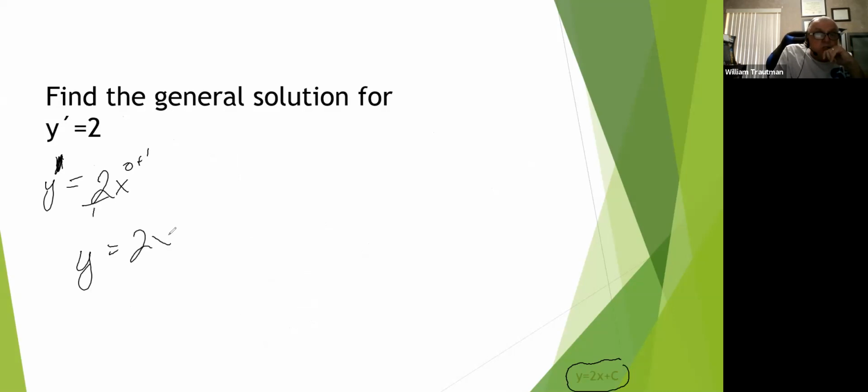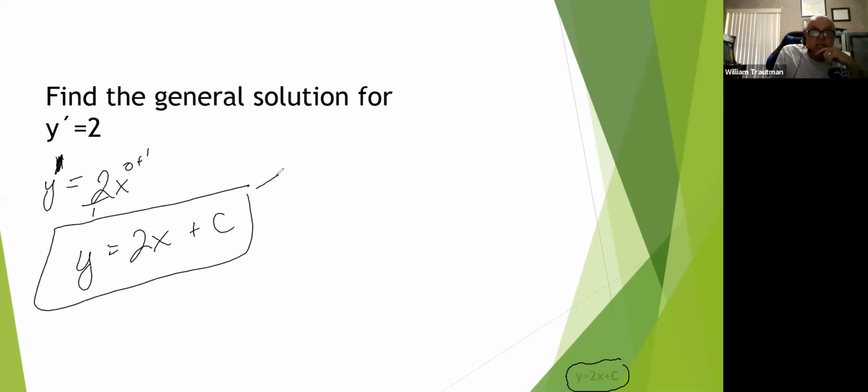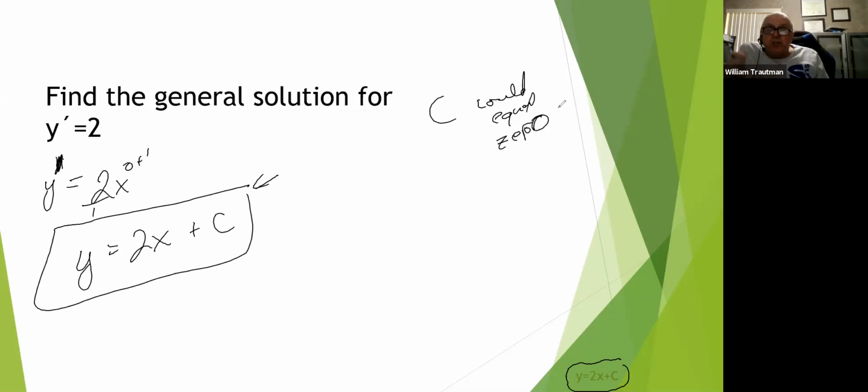We ended up with 2x. However, we have to put a plus c here. In the answer, we have to put this plus constant in there. By the way, c could equal 0, or it could equal any other constant I want, 5, 9, -8, or 0. But we have to put this here.